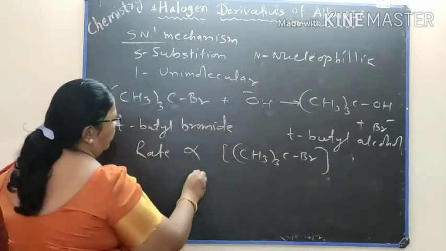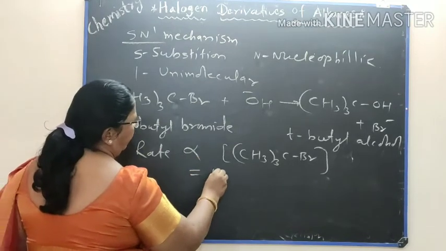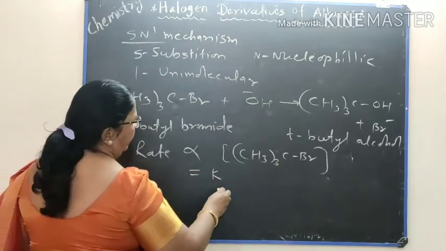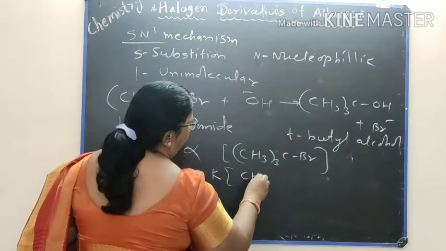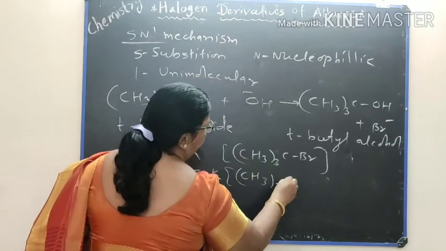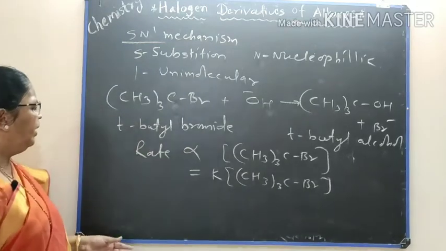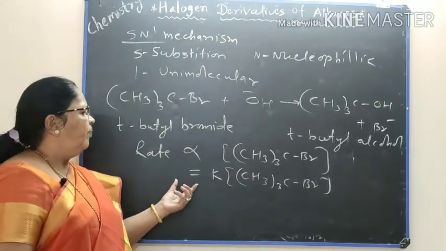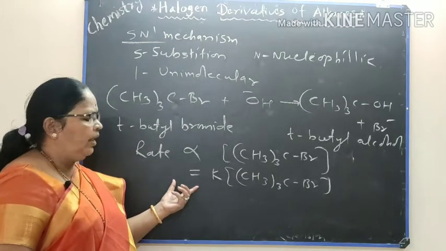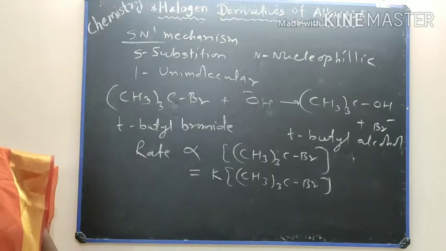Then removing the proportionality sign, you can write rate of reaction is equal to k into the concentration of (CH3)3CBr.